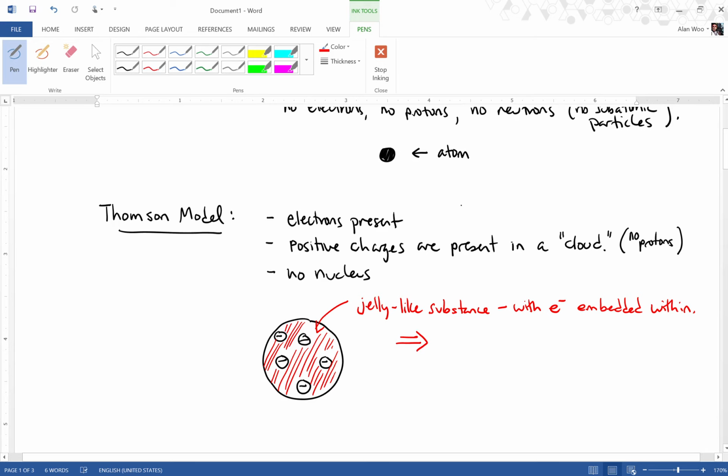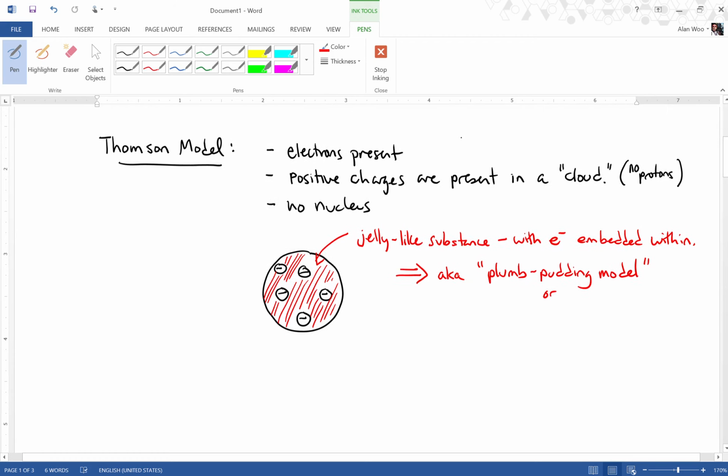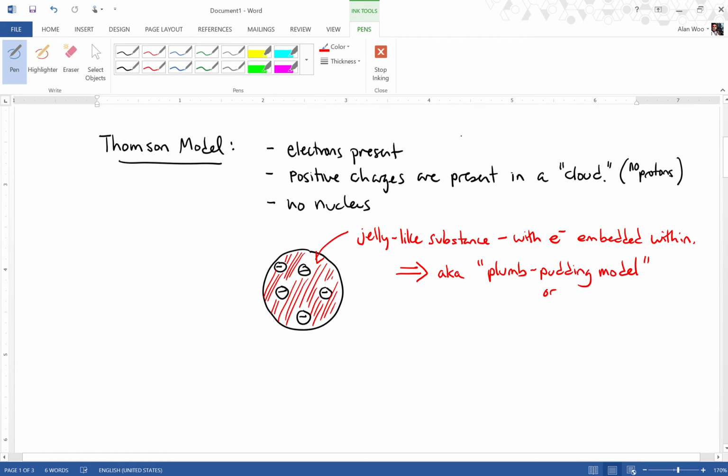So because the electrons are embedded in this jelly-like substance, this particular Thomson model was now also known as the plum pudding model. Okay, and since Thomson was British, plum pudding is a very common type of bread that basically was embedded inside cake.